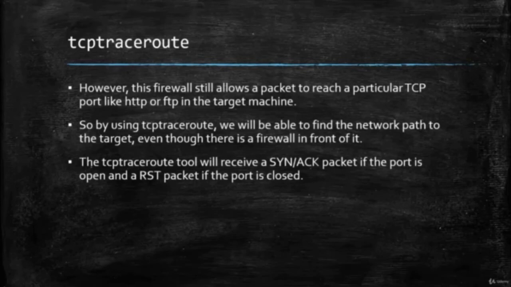So by using TCP traceroute, we will be able to find the network path to the target even though there is a firewall in front of it. The TCP traceroute tool will receive a SYN acknowledgement packet if the port is open and a RST packet if the port is closed.